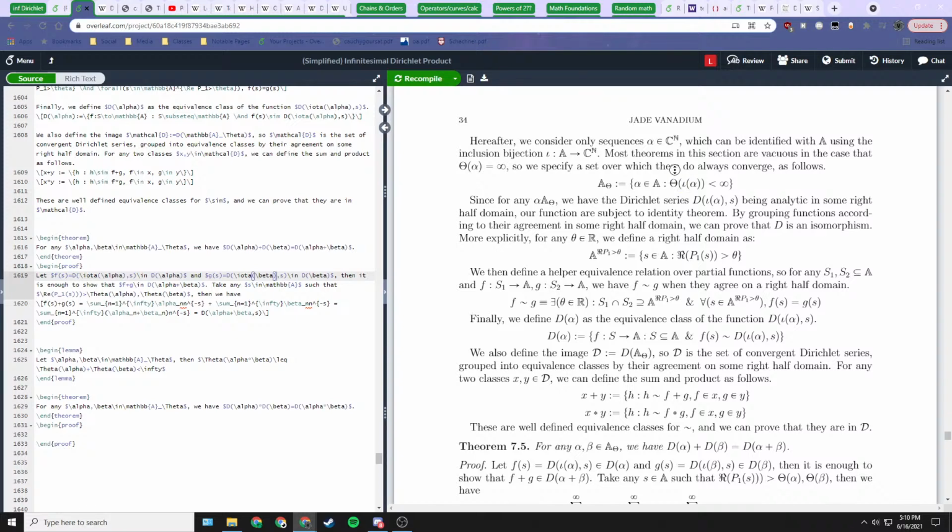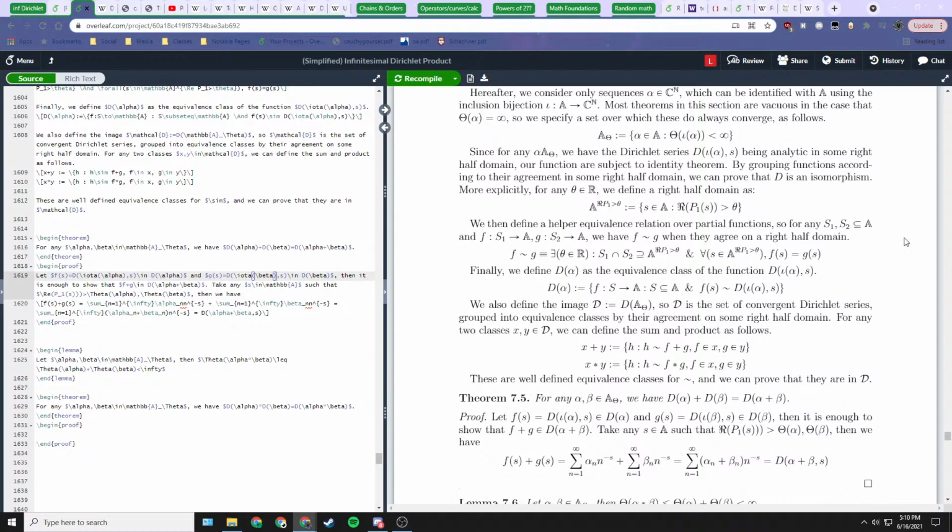So we've specified this set, A sub theta is the set of alpha in A such that when considered as a complex sequence using iota has a finite theta value. Once we've set up this set, what we also want to do is to group together Dirichlet series or functions by their agreement on some right half domain.